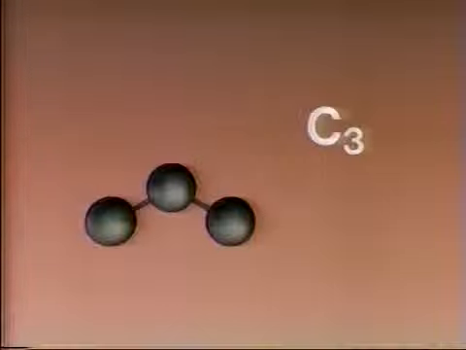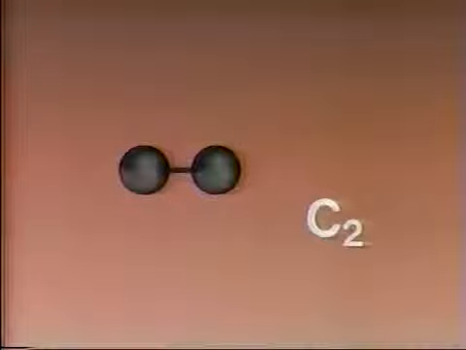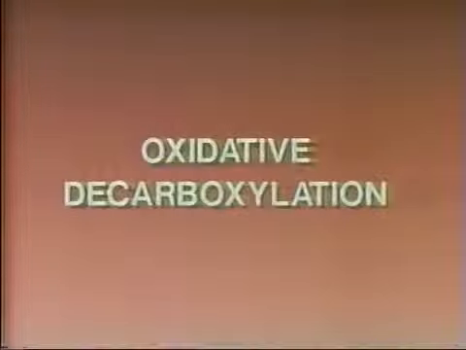Pyruvate is a 3-carbon molecule, but the Krebs cycle uses a 2-carbon molecule as its starting point. So, an intermediate process, oxidative decarboxylation, is required to prepare pyruvate for the Krebs cycle.